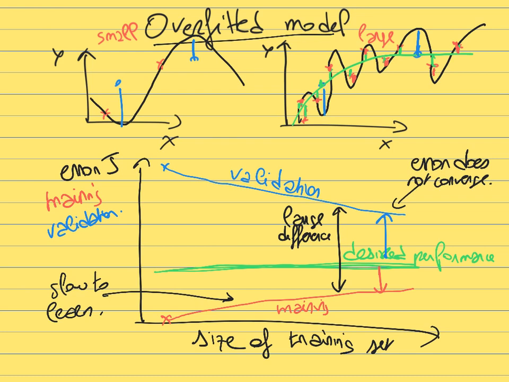The other thing that you can do is just to add more data. When you have an overfitted model, you can usually overcome it just by adding more data. If you look at the learning curve, you can see that if you were able to add more data, it would slowly converge towards the desired performance, because your model is just very complex.